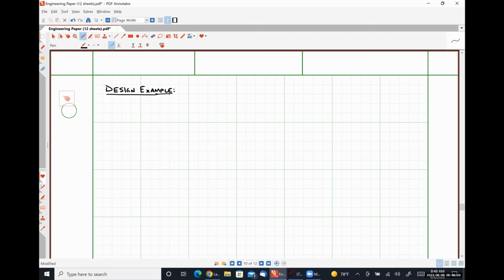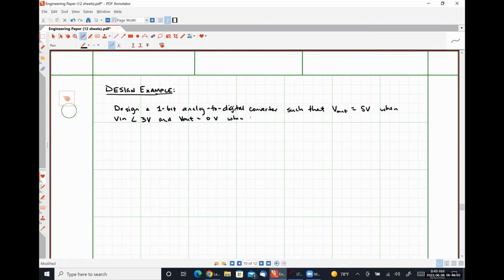So let's say that we were tasked to design a 1-bit analog digital converter such that our output voltage, V out, is equal to 5 volts when our input signal, V in, is greater than 3 volts, and our output signal, V out, is equal to 0 volts when our input signal, V in, is less than 3 volts.